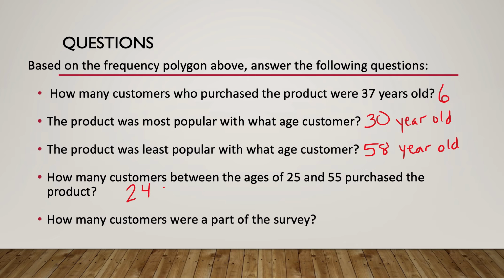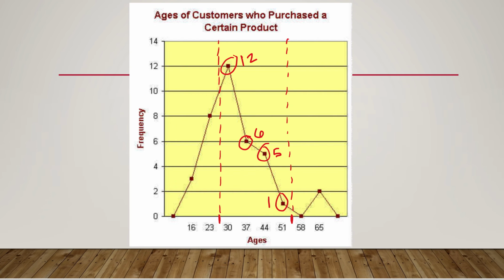All right, and then finally, the last question says, how many customers were a part of the survey? So how many customers do we have all in all? We need to look at the frequencies for all of the points. We already have a few of these done from the last part of the problem, so we need to go ahead and do the rest.